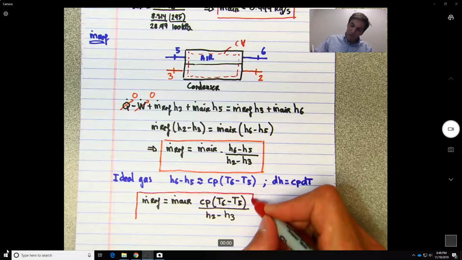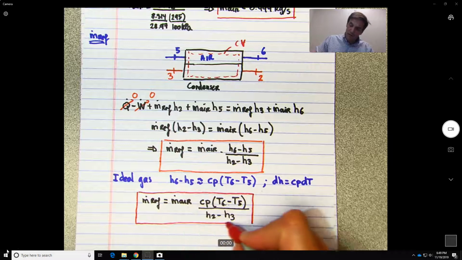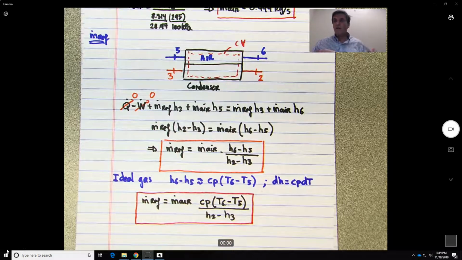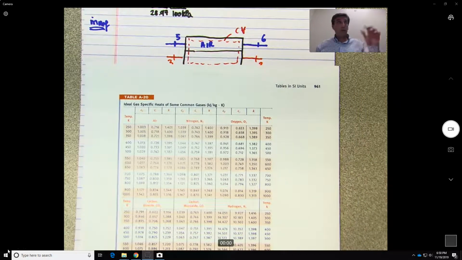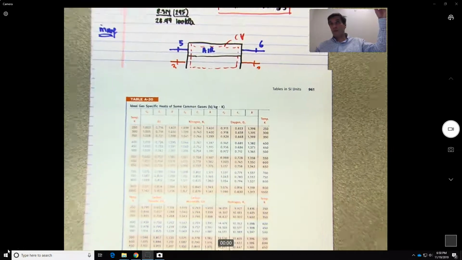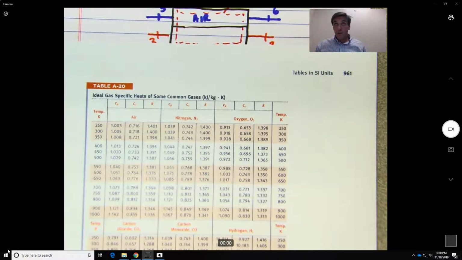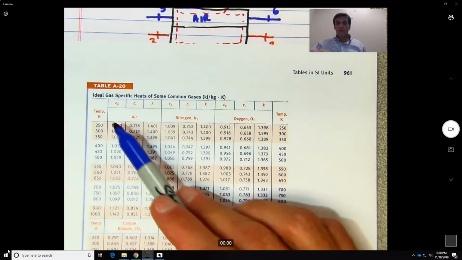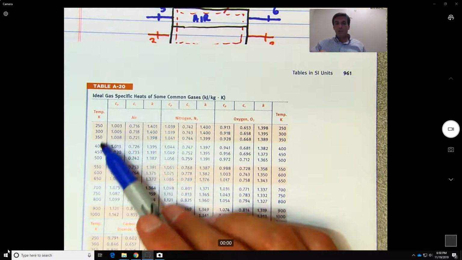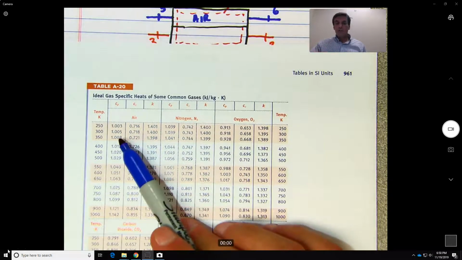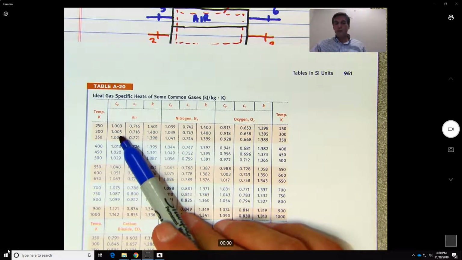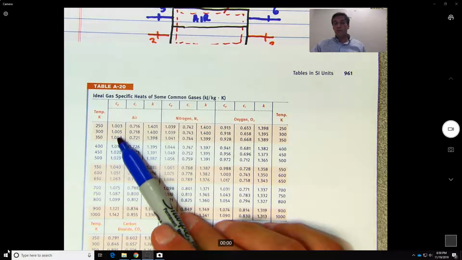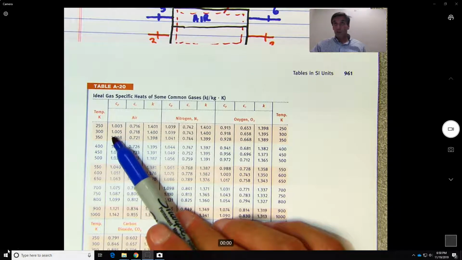So all we need over here is to find what is Cp. The value for Cp we can find from table 820. So here you have Cp for air at different temperatures. You see it's almost equal to 1, so you don't really need to interpolate. The difference is very small, just on the third decimal, so I'm just going to consider the value at 300.